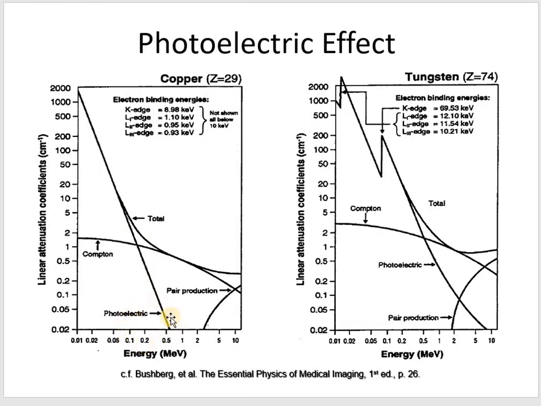Photoelectric interaction is also less likely to occur with low atomic number materials. Photoelectric interaction is directly proportional to Z to the power of 3. So this is low Z, this is higher Z, and the photoelectric interaction is higher. If you look at the area under the curve, it's higher compared to the area under the curve for photoelectric interaction of copper.